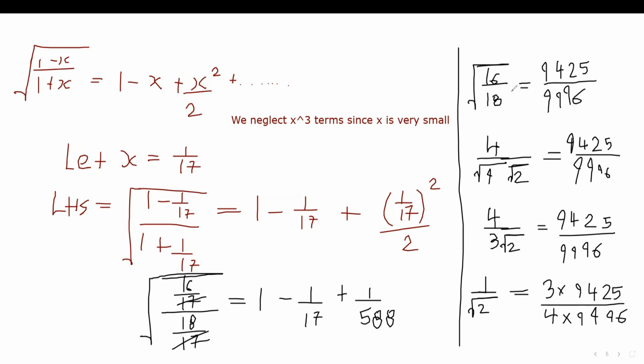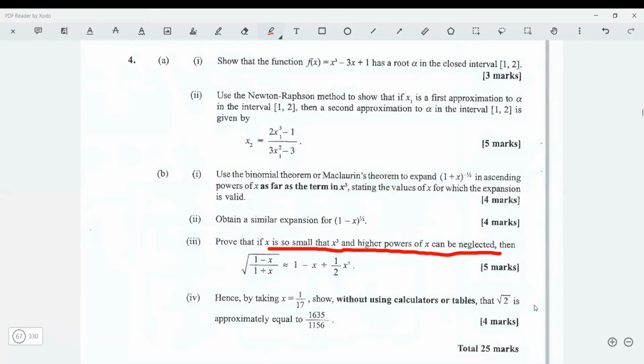Add this up and tell me if you get the same as this. 1 minus 1 over 17 plus 1 over 588, yeah, 9425 over 9996. That's what you got? Exactly. Then we're right. So good, it is an approximation. So good, Marika. So that finished question 4.